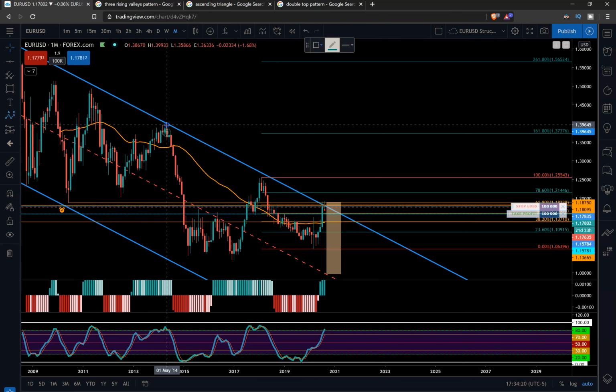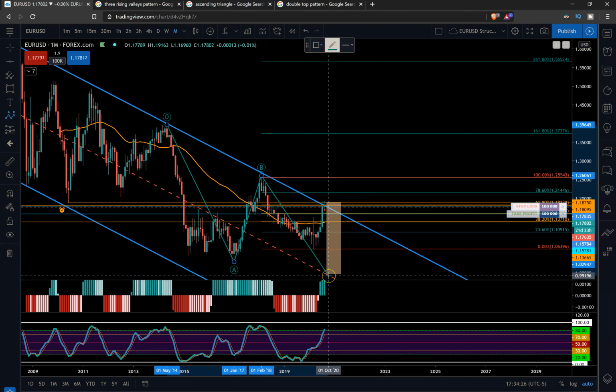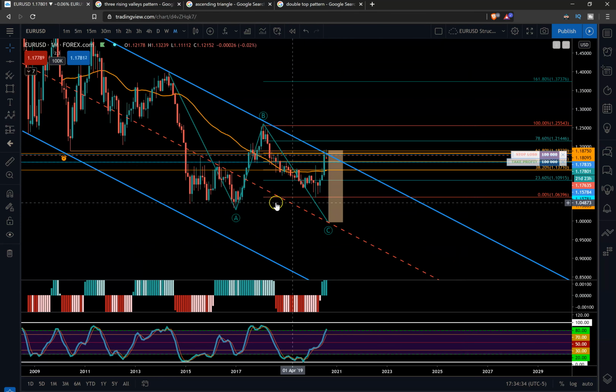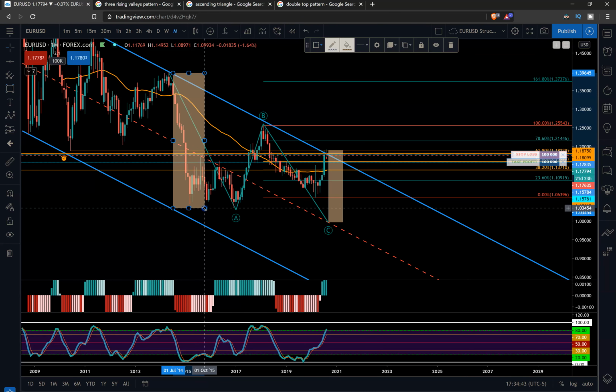There's a corrective wave, A, B, and then this would be C. Around here, as you all know, A equals C. Not perfect, but it gives you a ballpark figure. Let me get my triangle out, see what we're working with. Boom. Maybe deeper than that, to be honest.